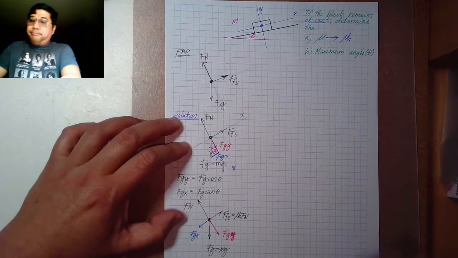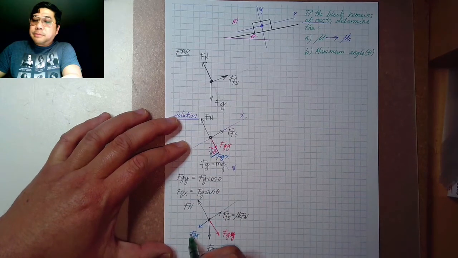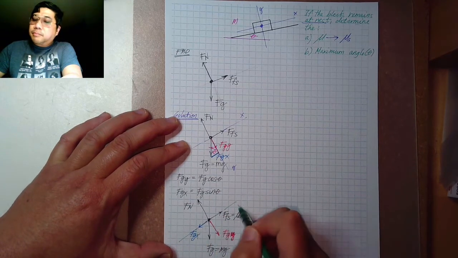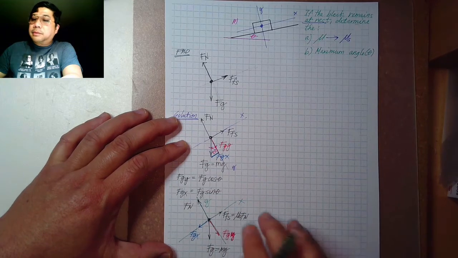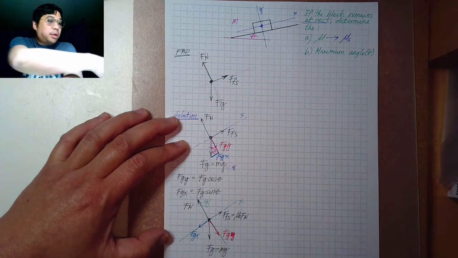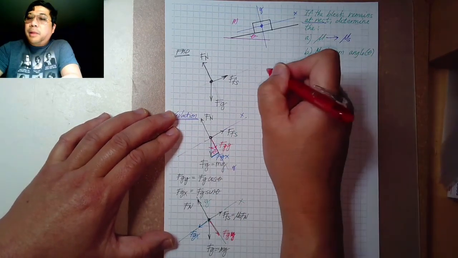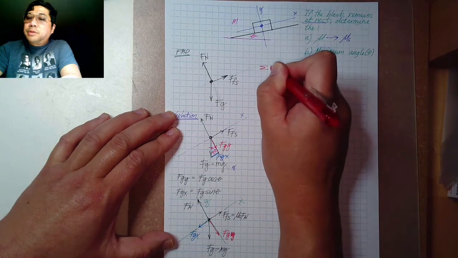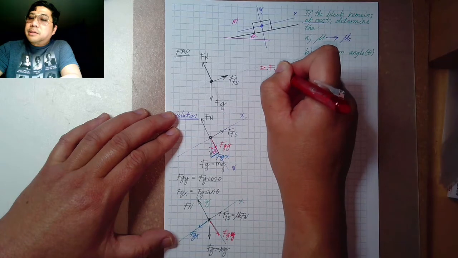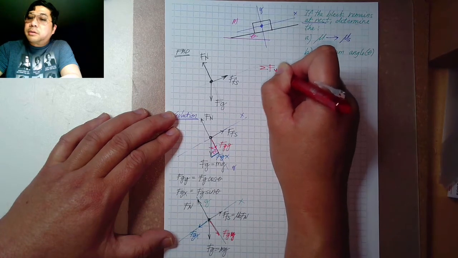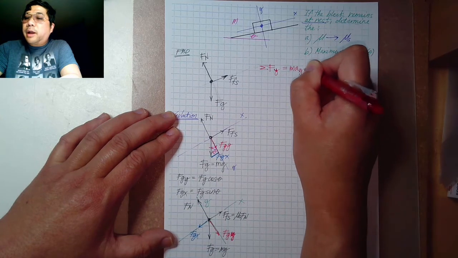Let me just extend this so we know that this is your x-axis and y-axis. If we start by working on our summation of forces, we can start applying our laws of motion: the sum of forces along the y-axis is equivalent to mass times the acceleration along the y-axis.